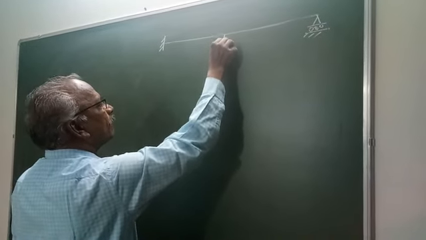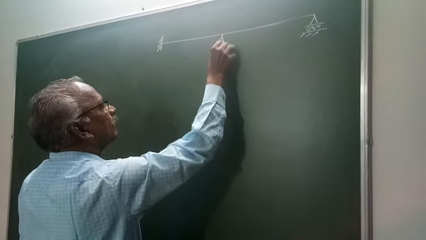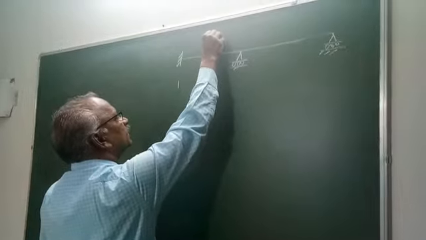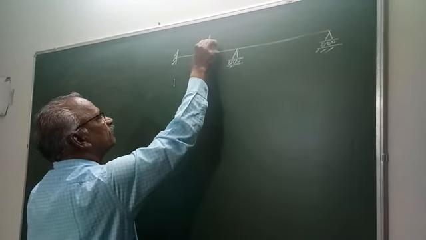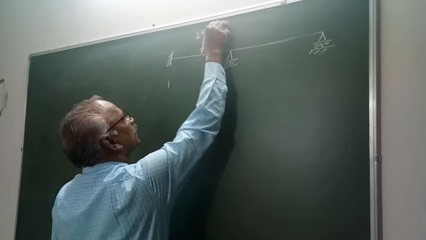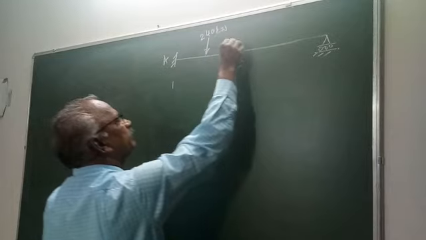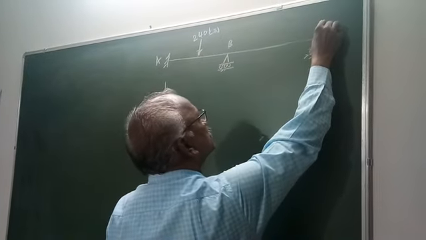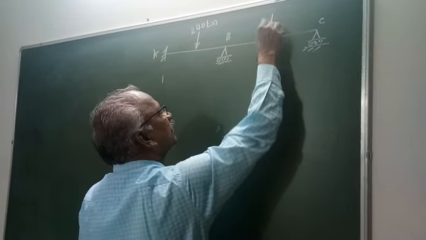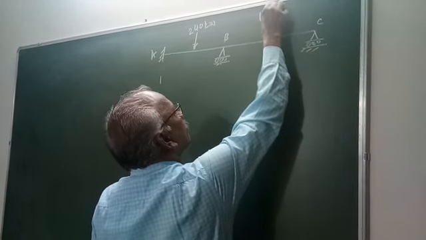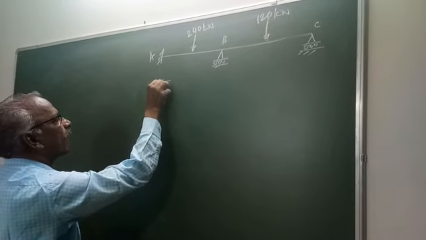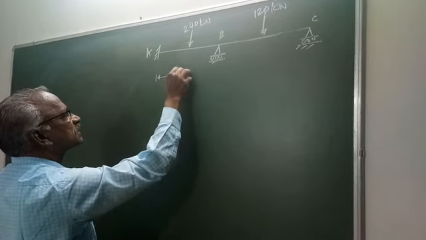There is a concentrated force of 240 kilonewton. Beam A, B, C. The span BC carries a force of 120 kilonewton. The distance being 5 meters.